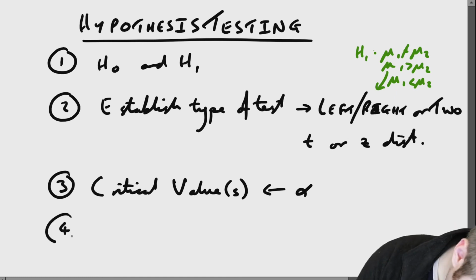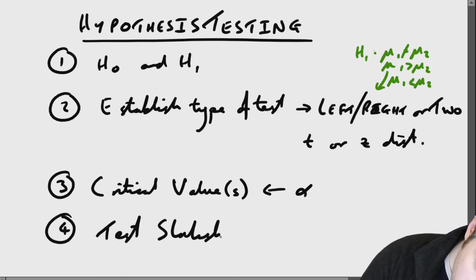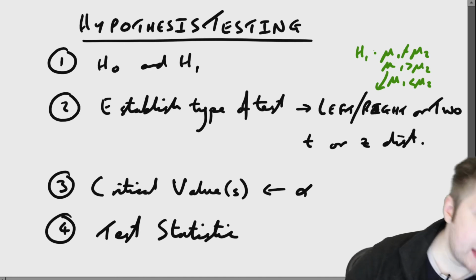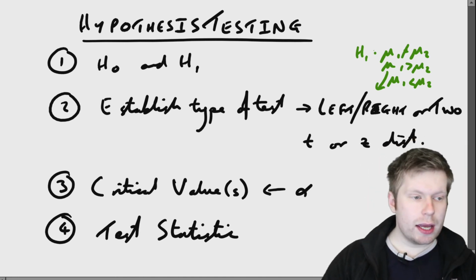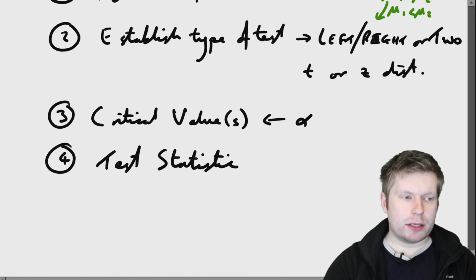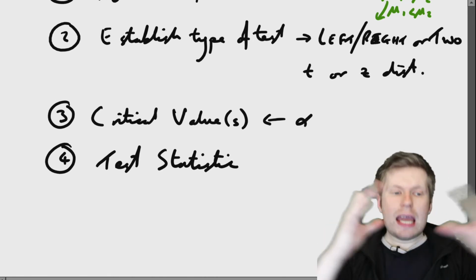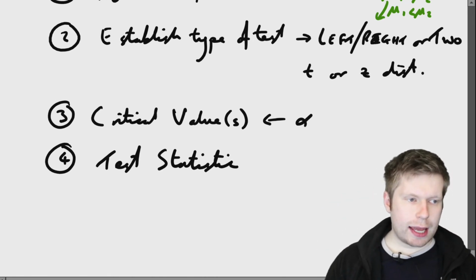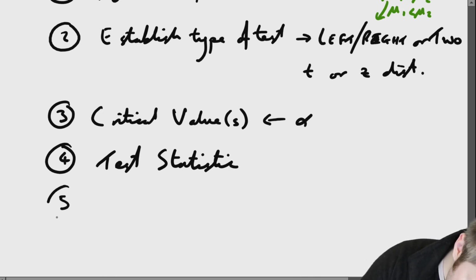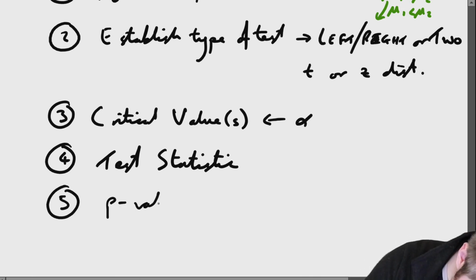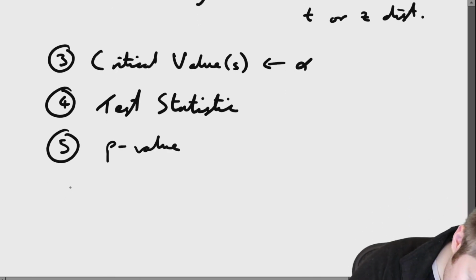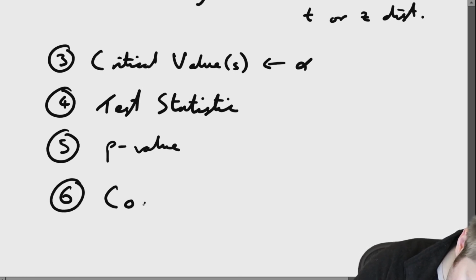Then from that, you work out your test statistic. In other words, where does your sample data lie in relation to the hypothesized mean under your null hypothesis? You then go ahead and work out your p-value. And then step 6, you can come up with your conclusion.